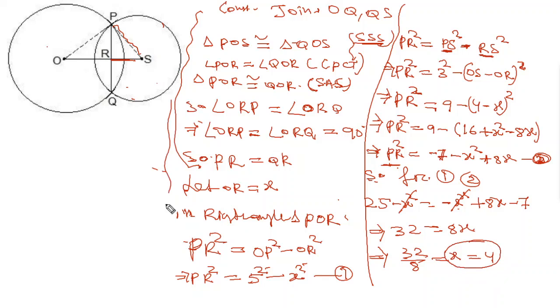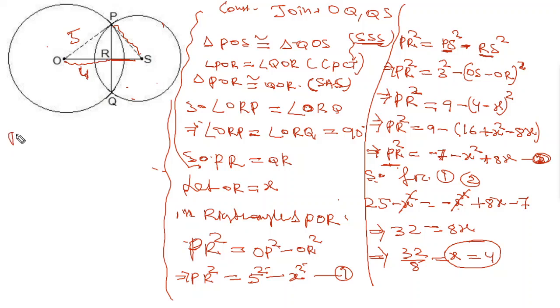Now come to here. Who was X? OR was the length X, that is equal to 4. Now what we have to find? We have to find the length of RP. This triangle POR is a right angle triangle in which OP equals 5, OR equals 4, and we have to find the length of RP.